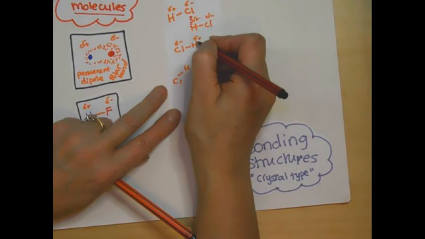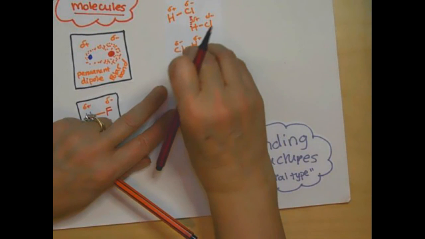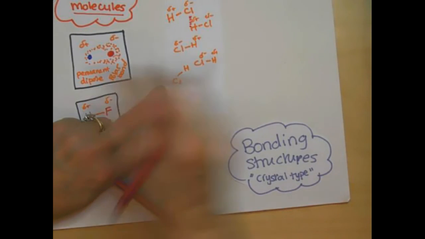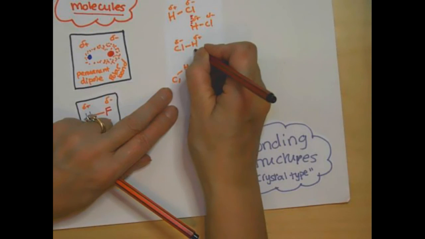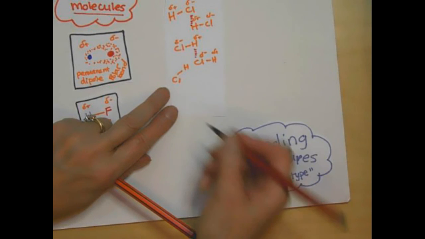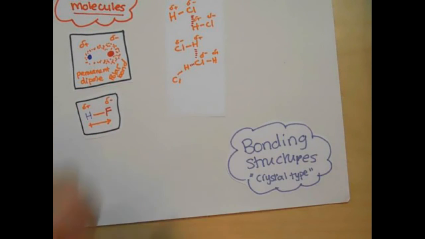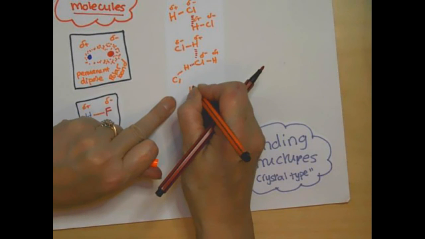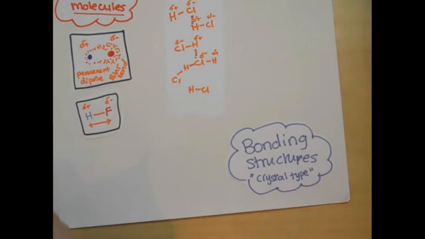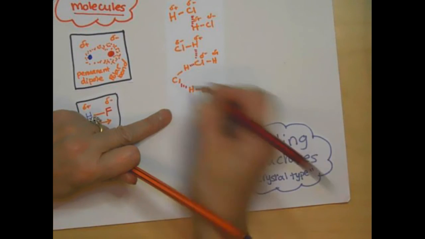This delta positive and this delta positive here, well, they wouldn't. What would probably happen is that may push that away or spin that around. But we can see we've got attractions here, or we could get attractions there. I can put in more HCl, and we'll get attractions at that point.